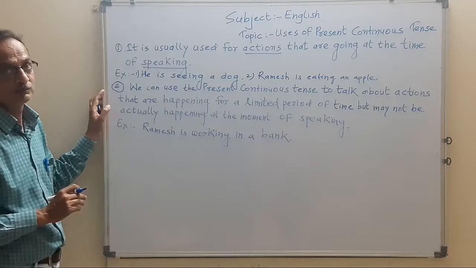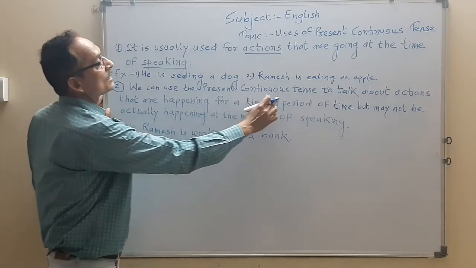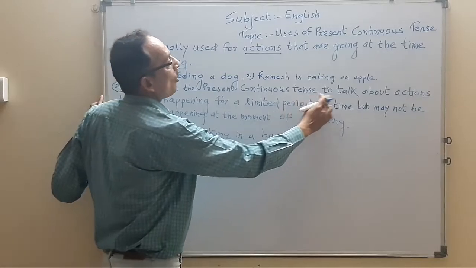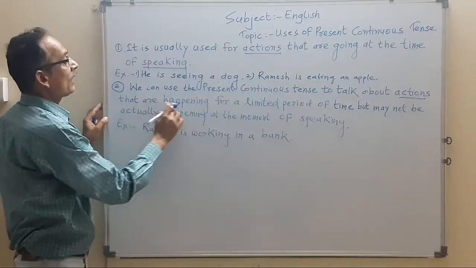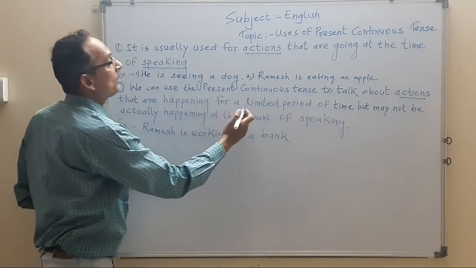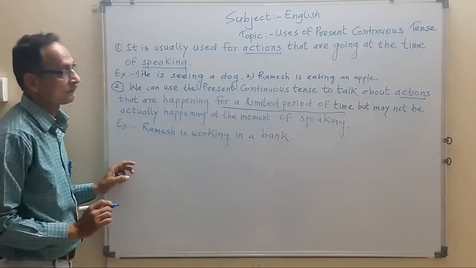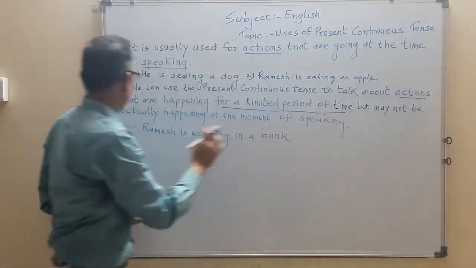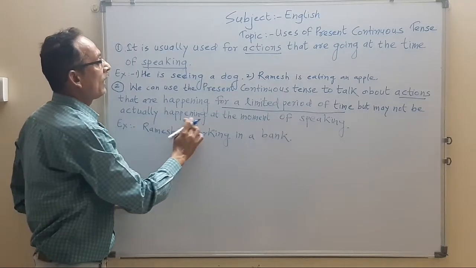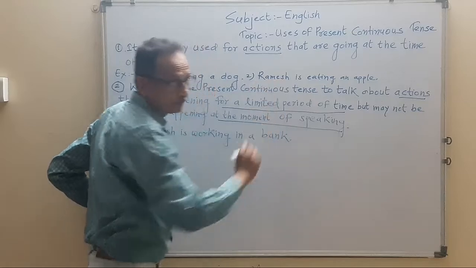Now the second use: we can use the present continuous tense to talk about actions that are happening for a limited period of time, but may not be actually happening at the moment of speaking.